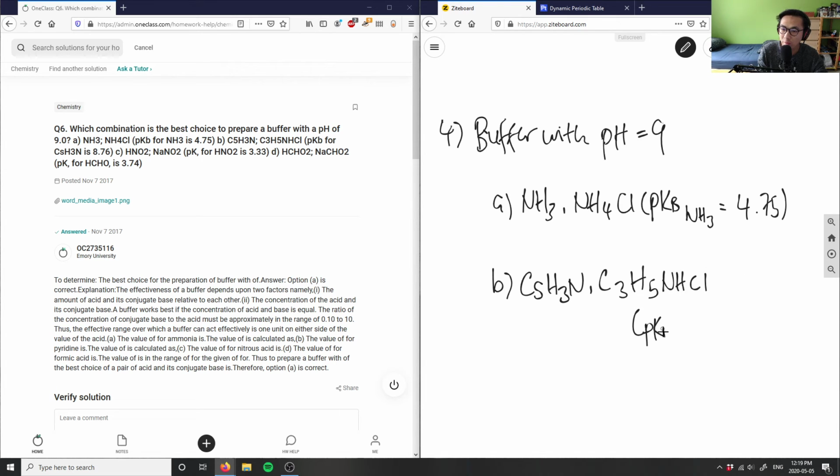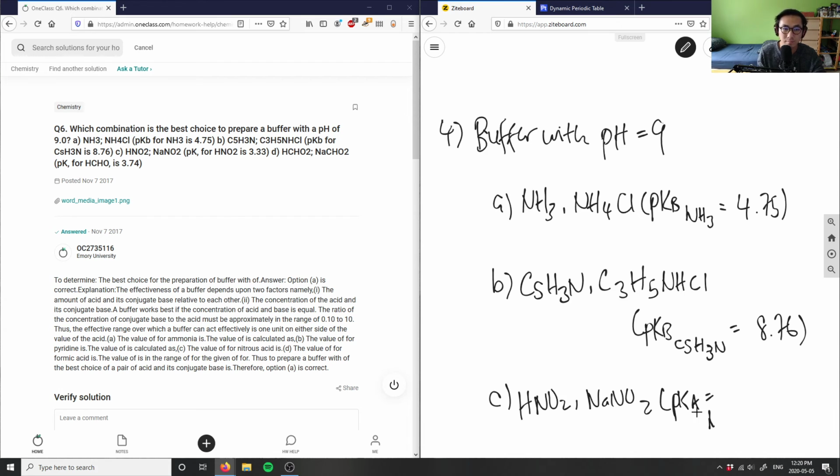We know that the pKb for C5H5N here equals 8.76. C here we have nitrous acid, HNO2, and we have sodium nitrite. And I believe this is the pKa here, because we're talking about the acid, the nitrous acid here, and it is 3.33.